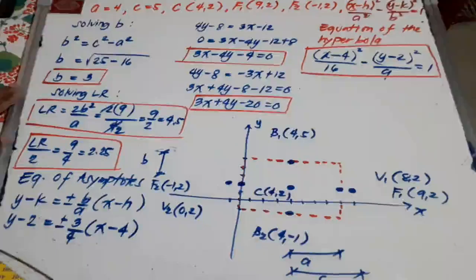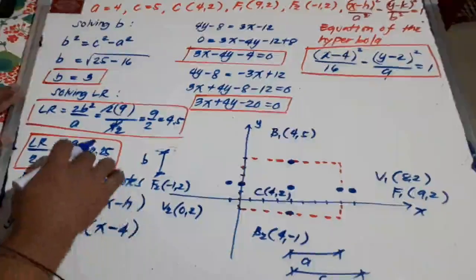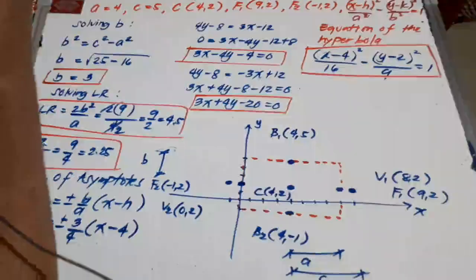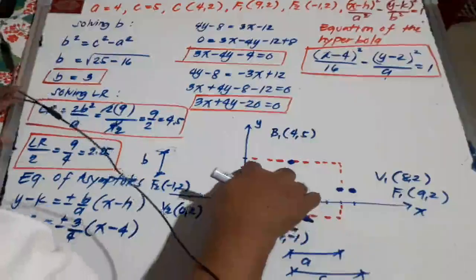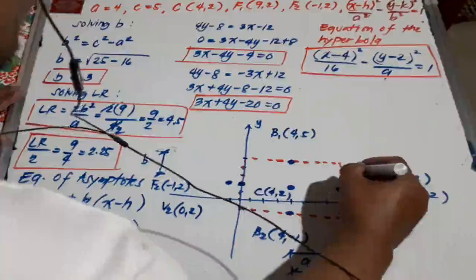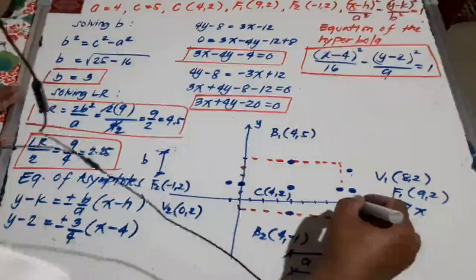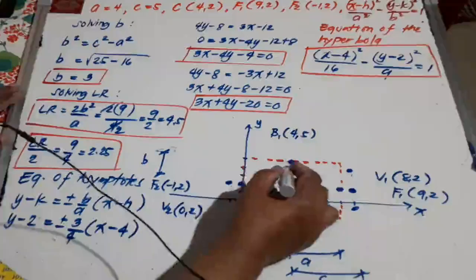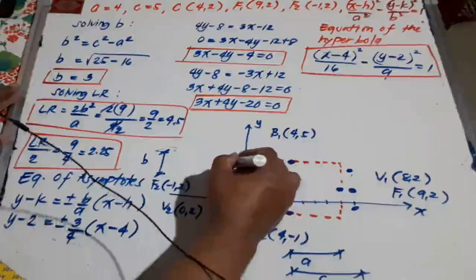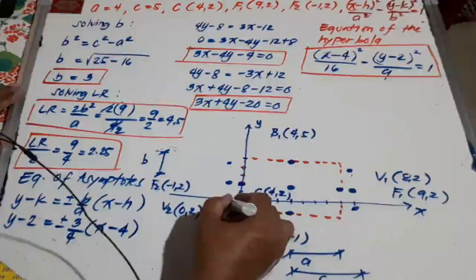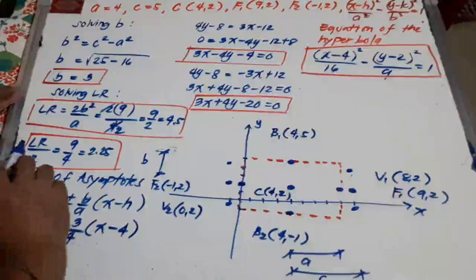So, lateral recta. Ang ating lateral recta, kalahati 2.25. So, starting from the focus, 2.25 upward, 2.25 downward. Dito rin, 2.25 dito. Okay.